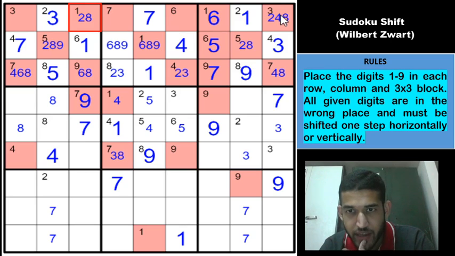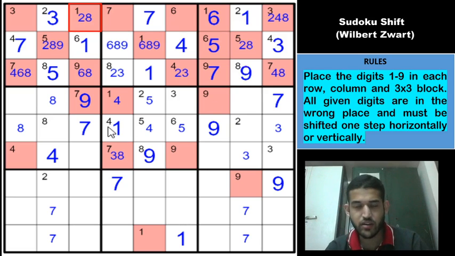So if you have the 8 here, then this 8 would have to go down. Again, I don't see anything much problematic there. What are we not seeing here?